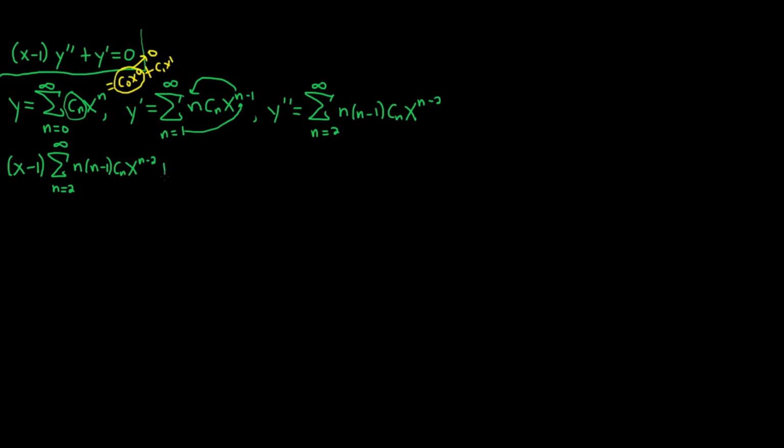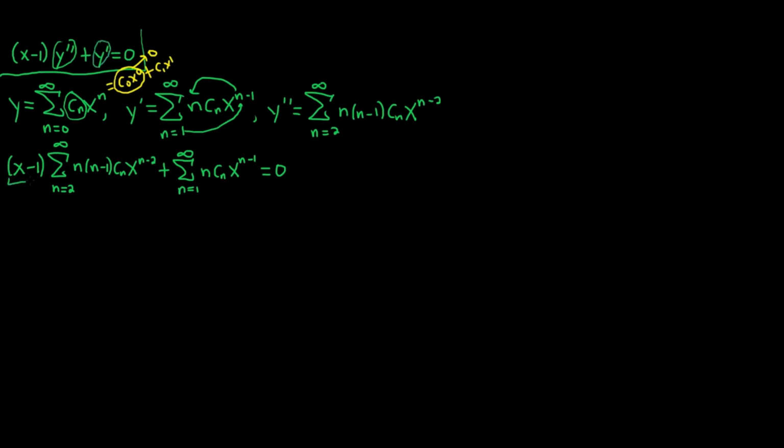That's the second derivative, plus y prime, which is infinite sum. I'm writing kind of small, apologies. I'm trying to make this all fit. That's a challenge. N, c sub n, x to the n minus 1. And this is equal to 0. Let me just pause here for a moment and double check that I did everything correctly. It looks okay. I plugged in the second derivative for this piece here, y double prime, and then plugged in the first derivative. Everything looks okay.